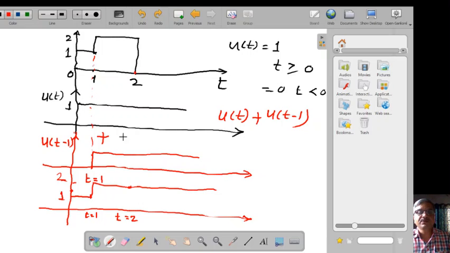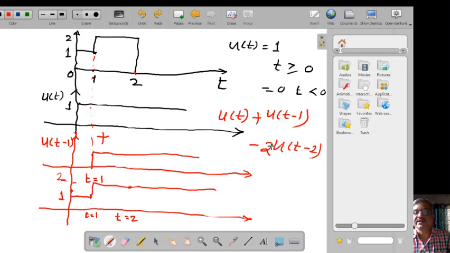Now at t equal to 2, I need to add, actually I need to subtract. Which signal do I need to subtract? At t equal to 2, I need to add one more unit step, but its amplitude will be equal to 2, and instead of adding, I need to subtract it. So this signal is 2 of u, amplitude 2.